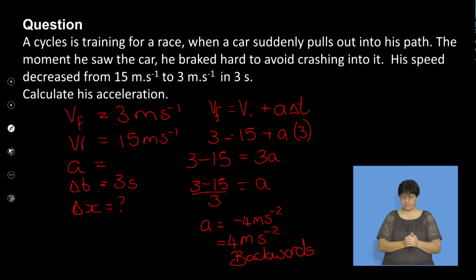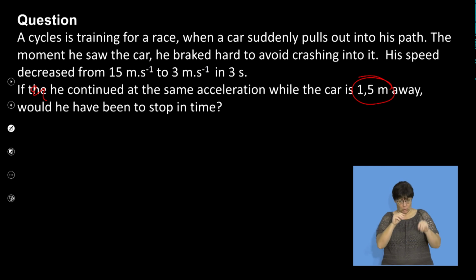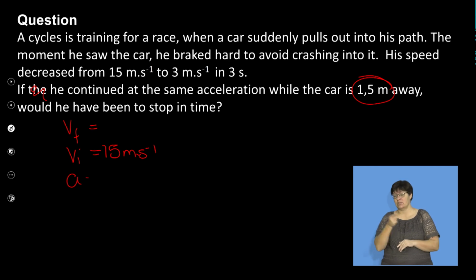Okay, that acceleration is what he's got for the whole journey. Now they want to know if the car is 1.5 meters away, would he have been able to stop? So his initial velocity, they want a final velocity of 0. There's a couple of ways you can do this, but I'm going to show you the easiest. His initial was 15. His acceleration is -4.